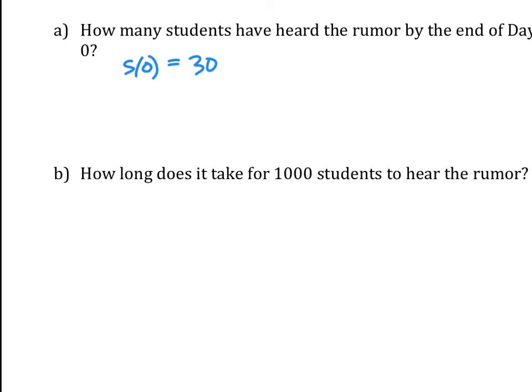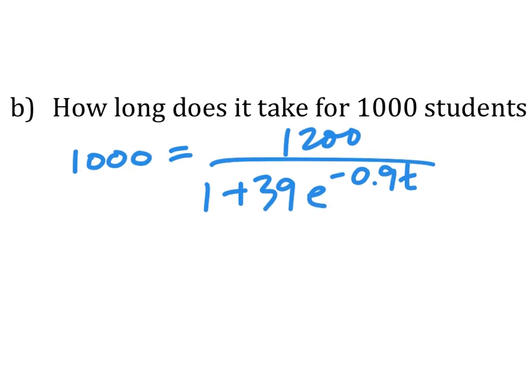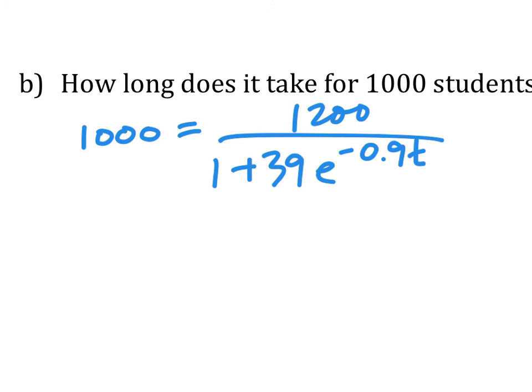How long does it take for 1,000 students to hear the rumor? This is where it does take a little bit of time to solve. 1,000 students is equal to 1,200 over 1 plus 39 e to the negative 0.9t. Let's talk about how to solve this. What do you think we should do first? Same thing as before, multiply by the denominator.